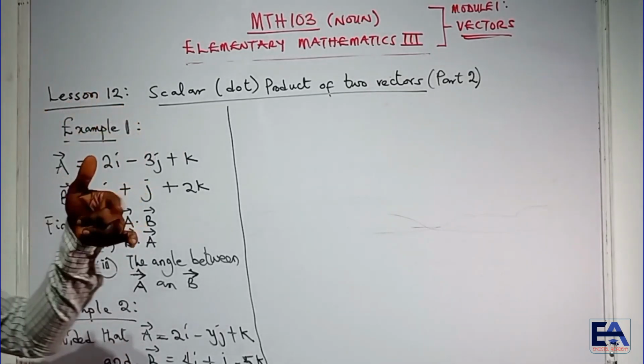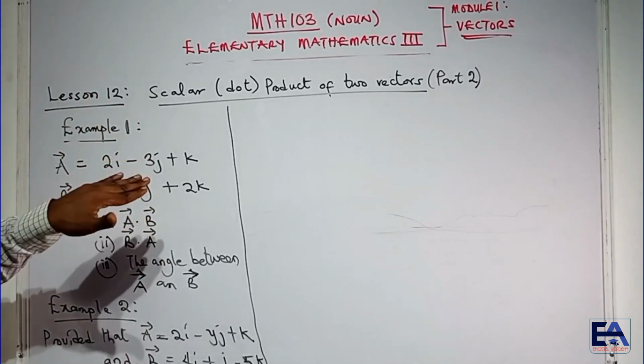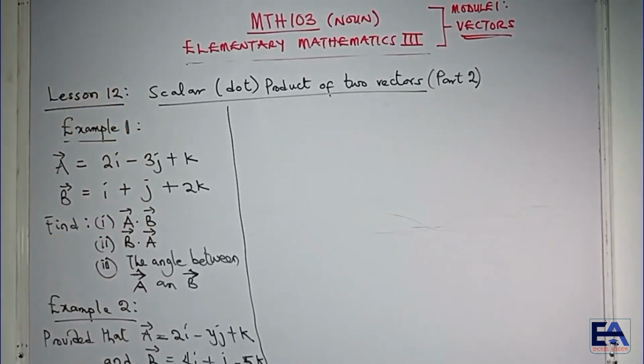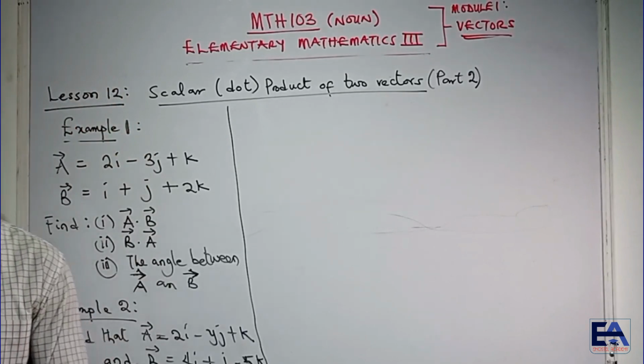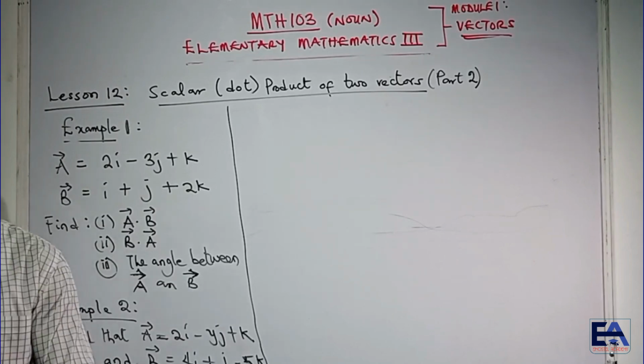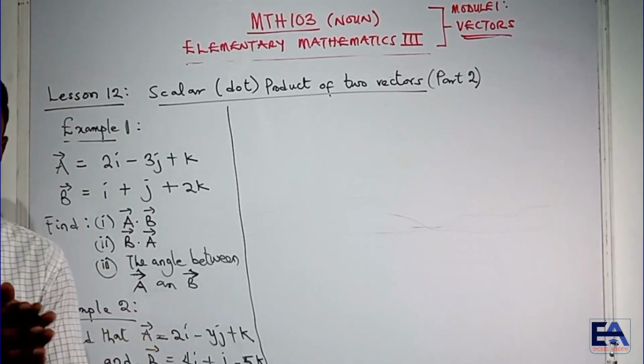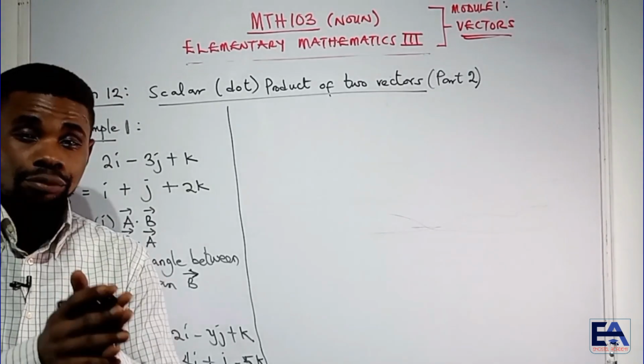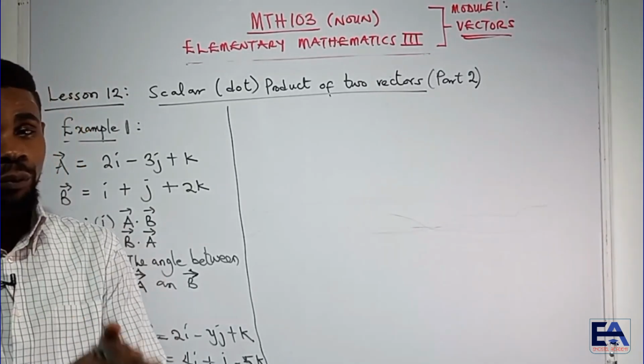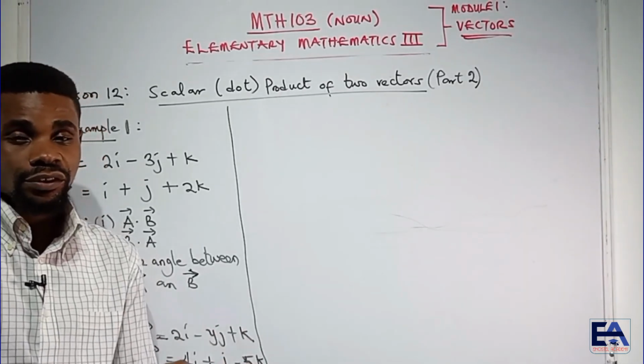And then also, I didn't even tell you the reason. I told you the last point of the previous video says that no matter how much you do it, the result of a scalar product is always a number. As a matter of fact, that is the reason why it is called scalar product, because it's the product of two vectors that always produce a number instead of producing a vector. Do you understand?